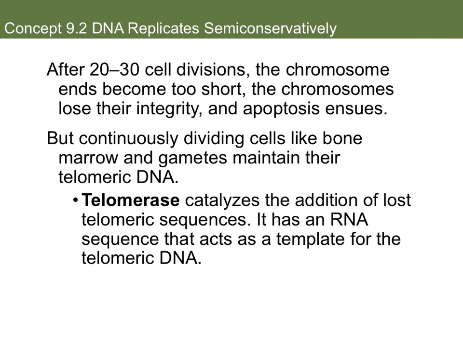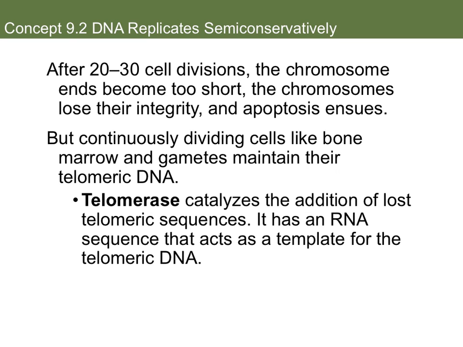After 20 to 30 cell divisions, the chromosome ends become too short and the chromosomes lose their integrity, and apoptosis ensues. But continuously dividing cells like bone marrow and gametes maintain their telomeric DNA. Telomerase is the enzyme that catalyzes the addition of lost telomeric sequences.